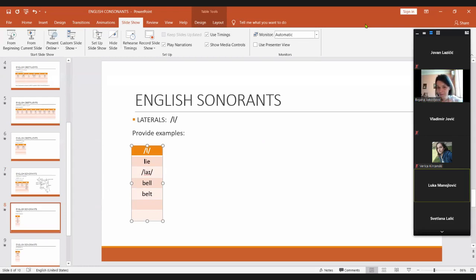Bell and belt. And that's like an allophone, dark L, right? Okay, but can I hear the production again? Can you articulate the sounds again? Bell and belt. Belt. Okay. Verice, how do you produce them?